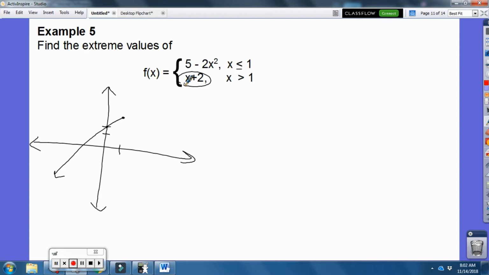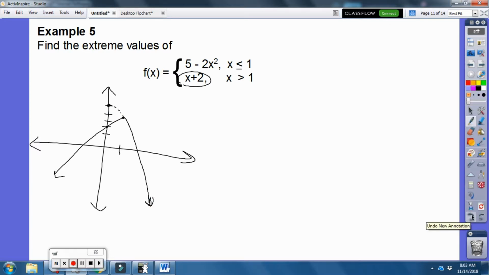Now we're going to look at 5 minus 2x squared. 1, 2, 3, 4, 5. The graph of this is going to look something like this. And that, again, is not perfect, but we have a line on the left and a parabola on the right, and they do touch at 1.